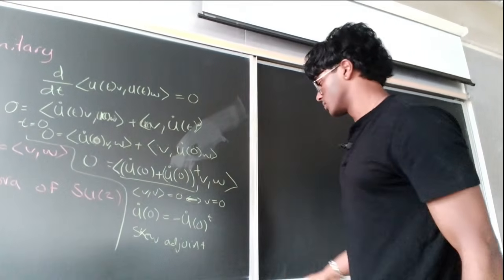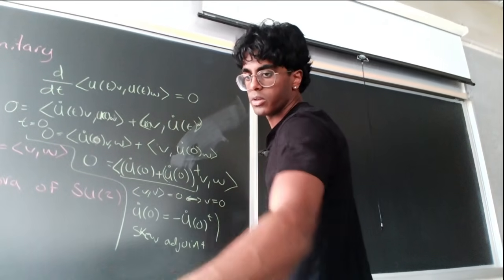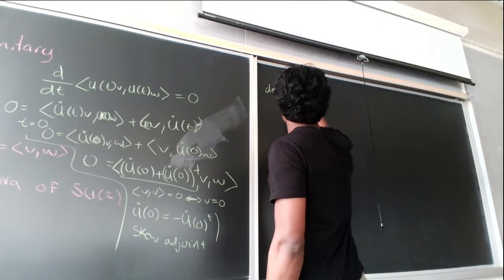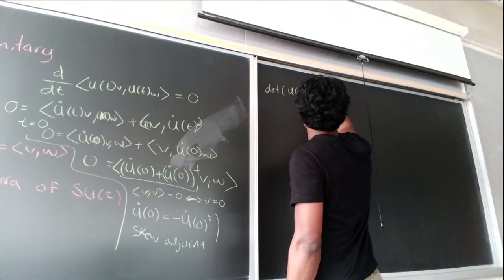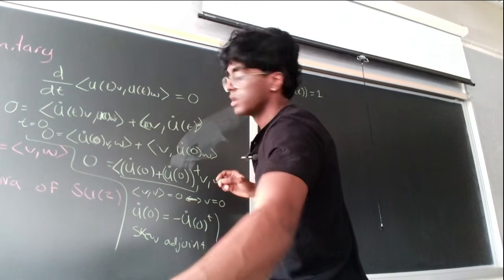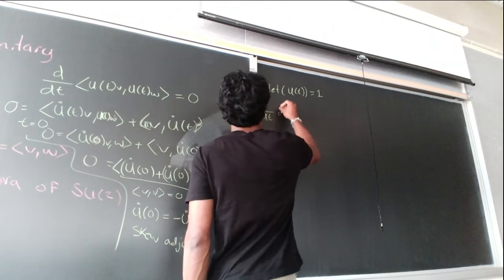Okay. We'll just keep this in mind because we're going to need it later. But we also know that the determinant of u of t is equal to 1 for all t. So we take the derivative of both sides again with respect to t.